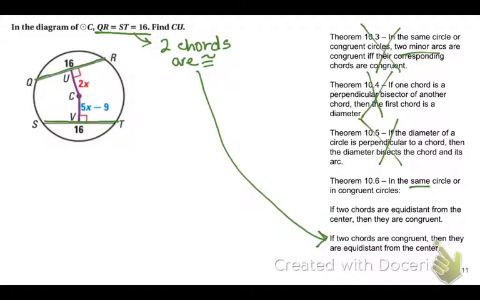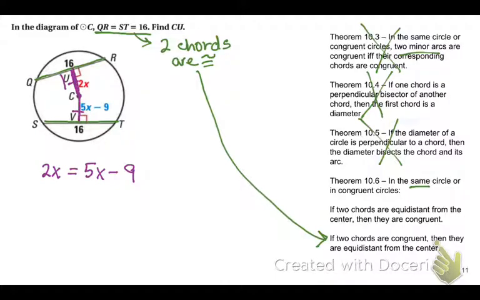Also notice that these little lines are perpendicular to the chord, so that'll come in handy. But what we're dealing with right now is that these two lines are equal. So by now you can easily set up an equation that says 2x is equal to 5x minus 9. And you're being asked to find the length of CU.